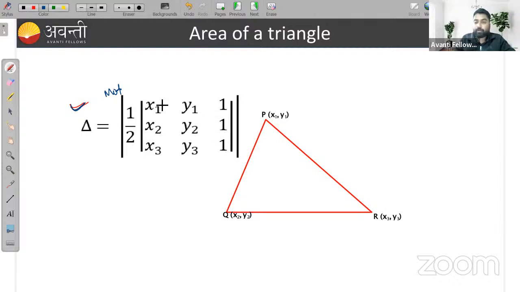That means the first column is x1, the first coordinate of P, x2, the first coordinate of Q, x3, the first coordinate of R, then the second column is the second coordinate of P, of Q, and of R. And simply you have to take 1, 1, 1 as the third column. Okay, so this is the formula to find the area of a triangle.